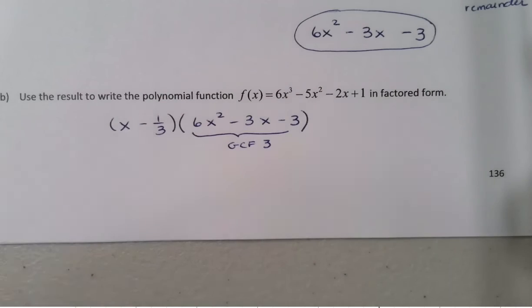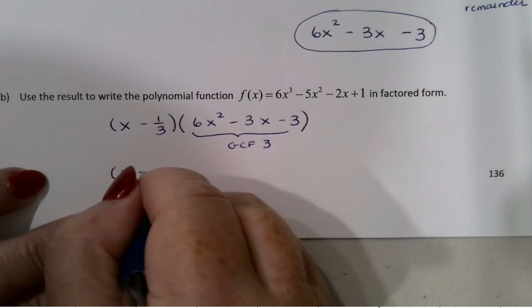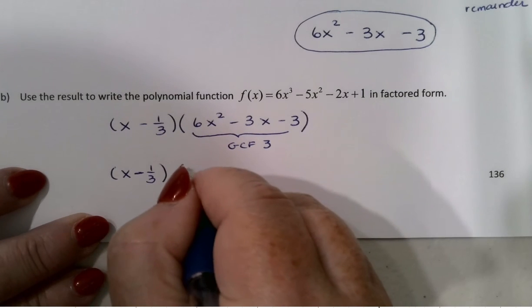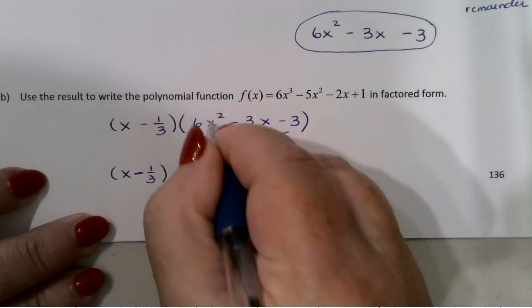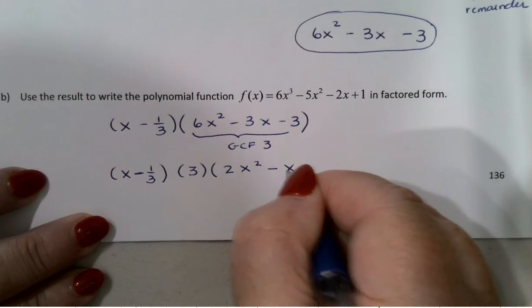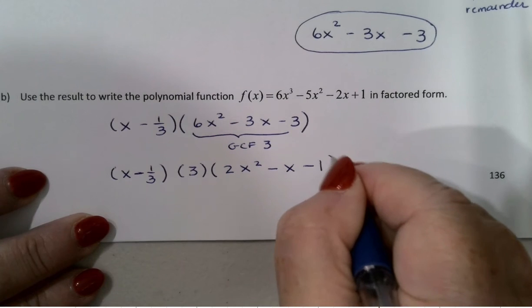So let's do that. We have x minus 1/3. Factoring out a 3 would give me 2x squared minus x minus 1.